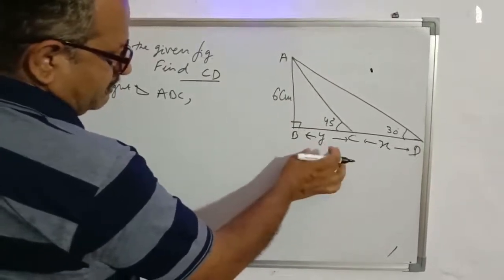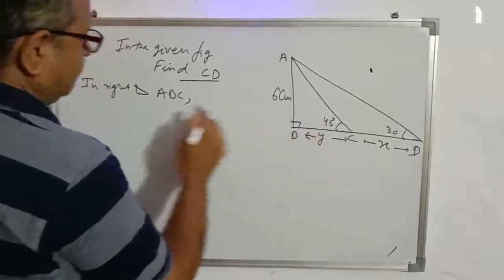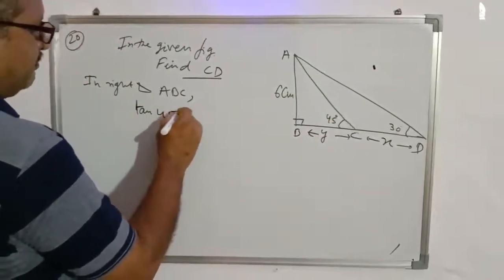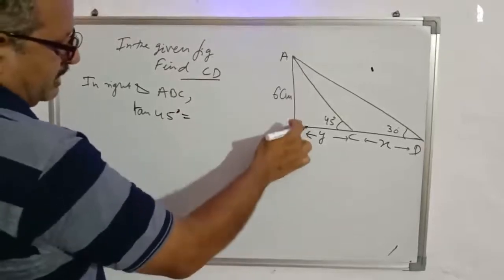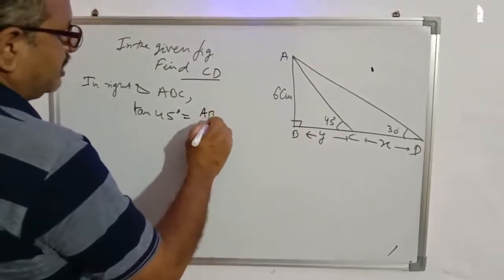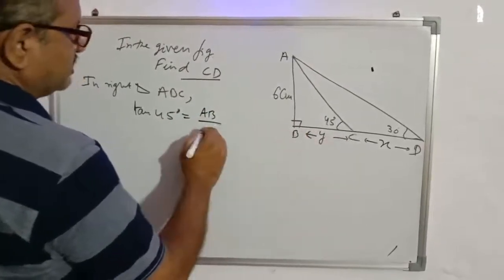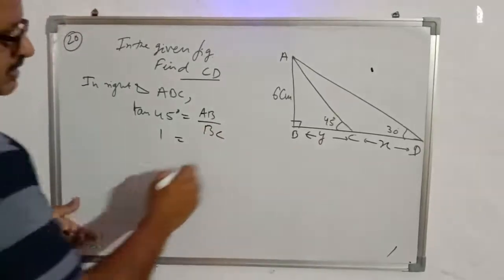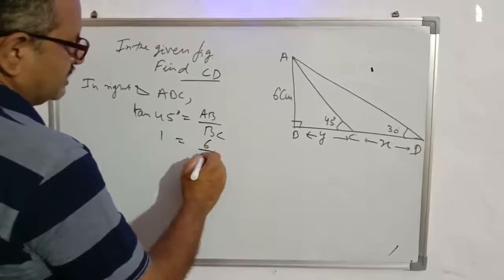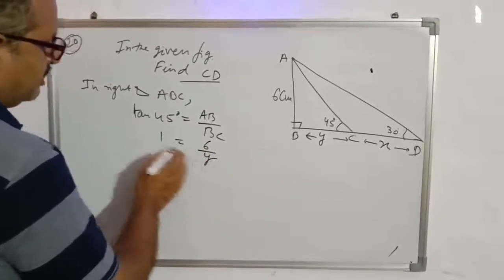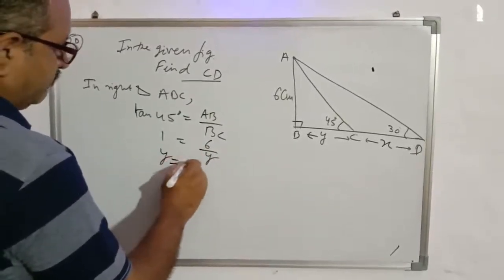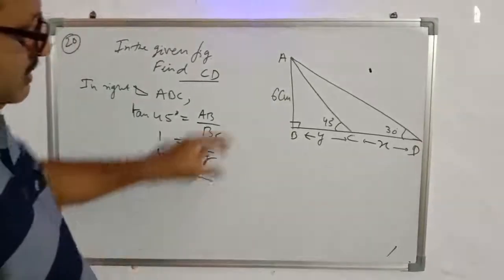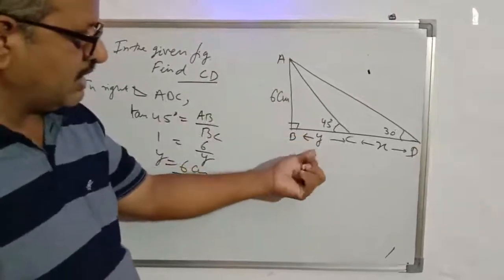We have to find base, so we will take tan 45 degree. Tan 45 degree is perpendicular AB and base is BC. Tan 45 degree value is 1. AB is given 6, BC is Y, cross multiply. Y is equal to 6 centimeter. So AB and BC both are equal.